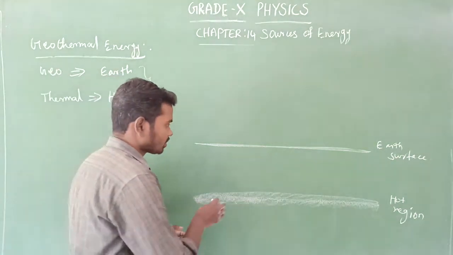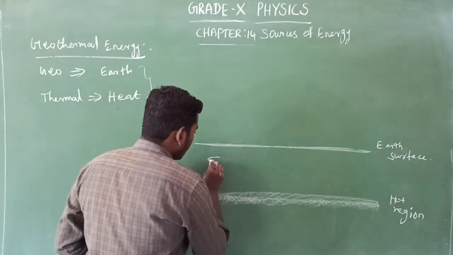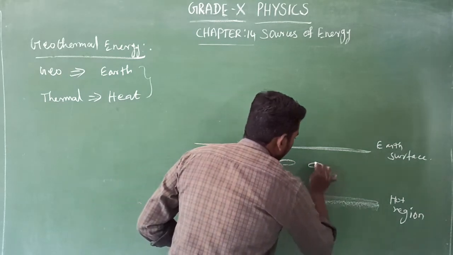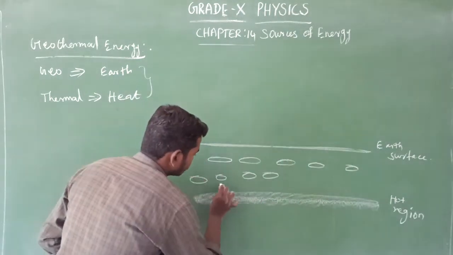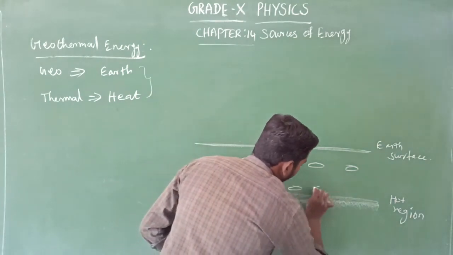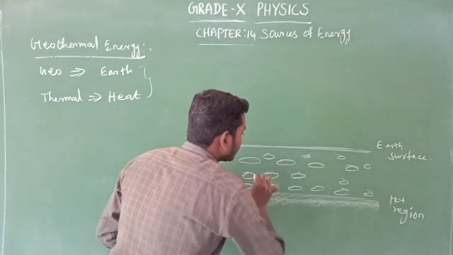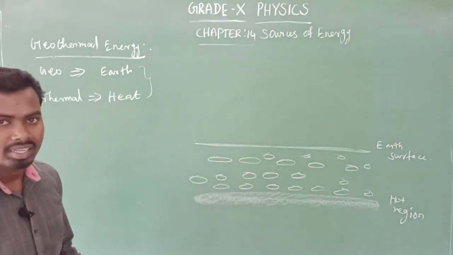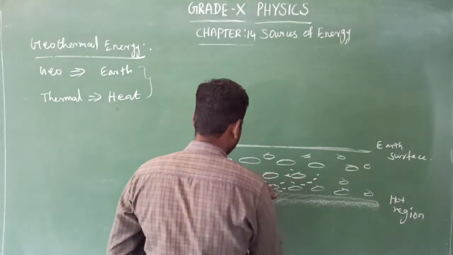Is it clear? Yes. So consider this is hot region, this is earth surface, and so many rocks are there, the rock beds are there, tectonic plates are there, even groundwater also is there. Consider this is groundwater.